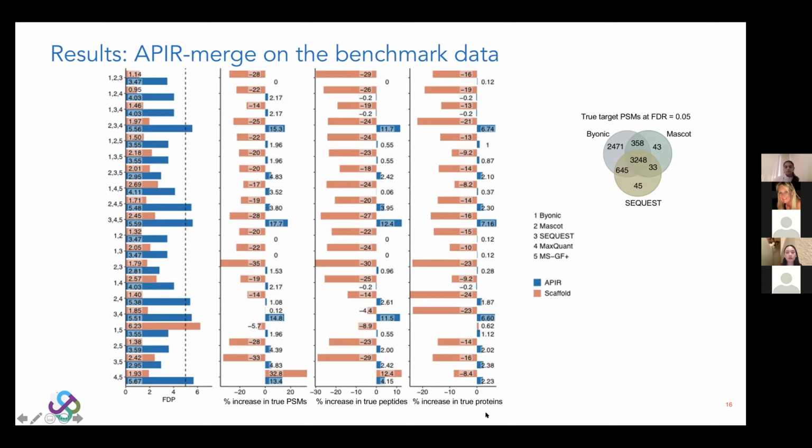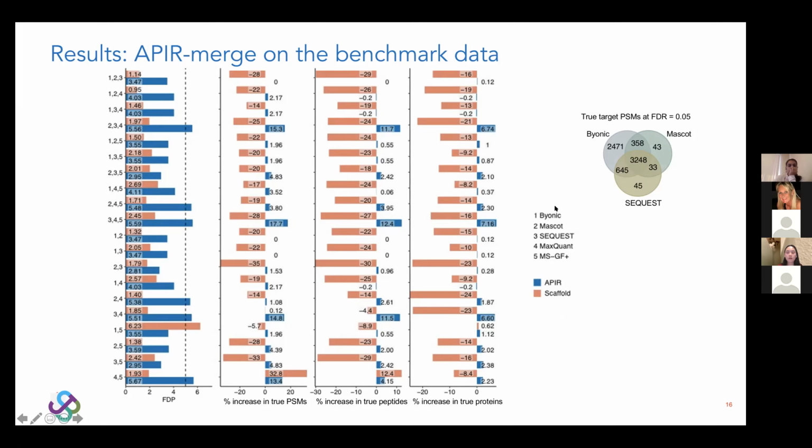One thing I would like to point out is that in these combinations 1, 2, 3, 1, 2, or 1, 3, where we want to combine Byonic, Mascot, and Sequest, you see a lot of times the power improvement is 0. This is reasonable because it's widely acknowledged in the field that these 3 methods are very similar.